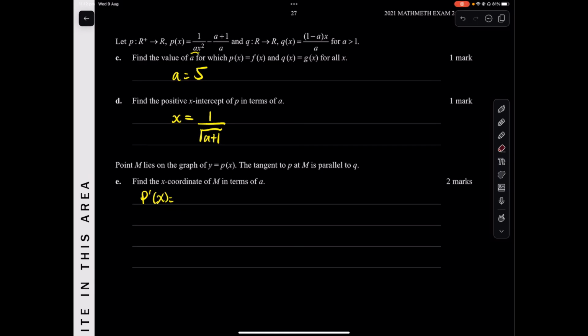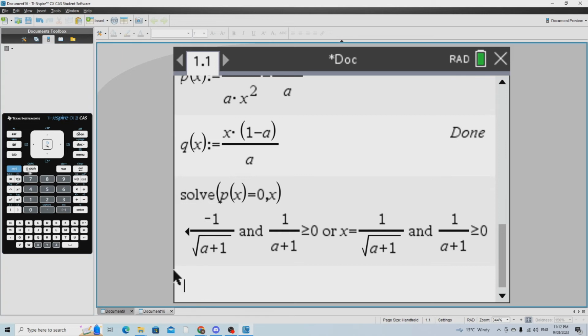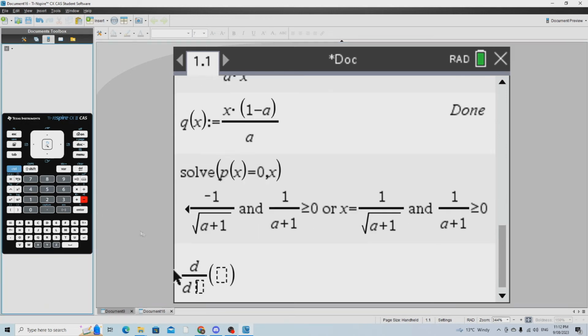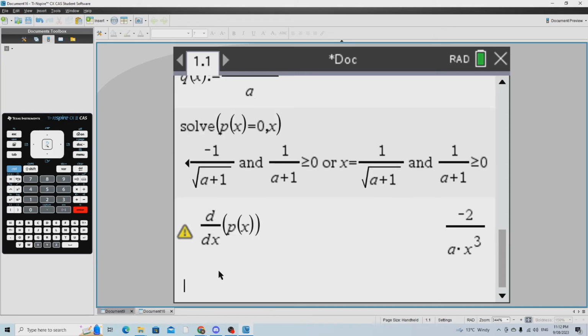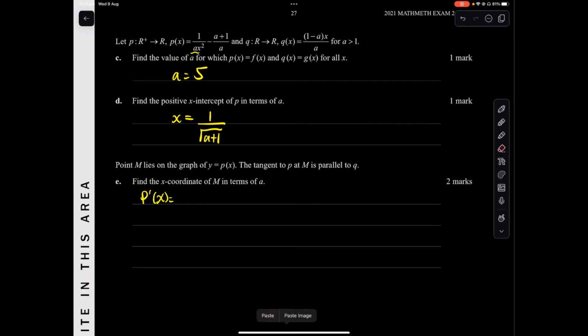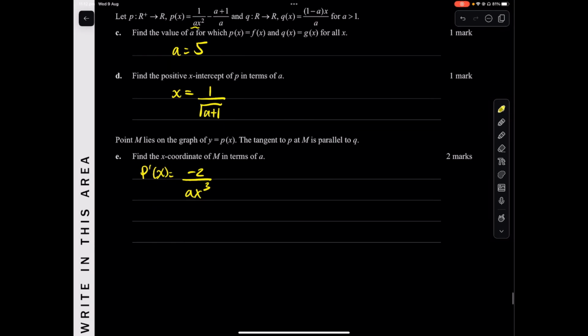So, if we go over here and differentiate P of x, we get this. So it's negative 2 over a x to the power 3. And let's say P dash is some value at r, that's our x value. So it'll be negative 2 over a r to the power 3.